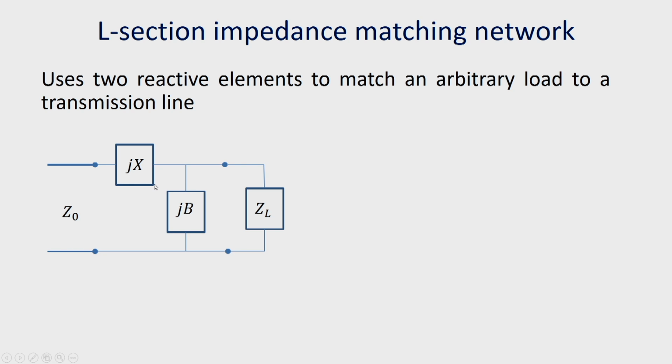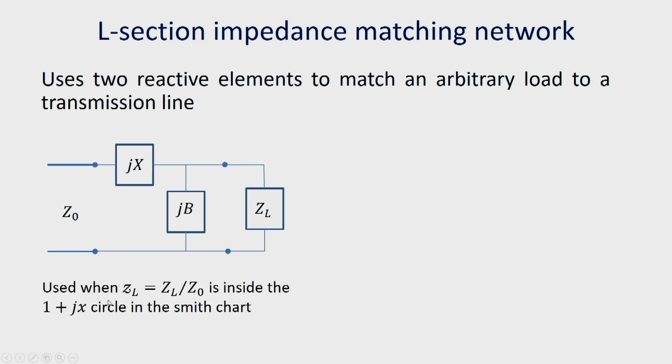Now, this form of matching network is normally used when the real part of ZL is greater than Z0, or in other words, if we consider the normalized impedance ZL by Z0, it lies inside the 1 plus jx circle in the Smith chart.